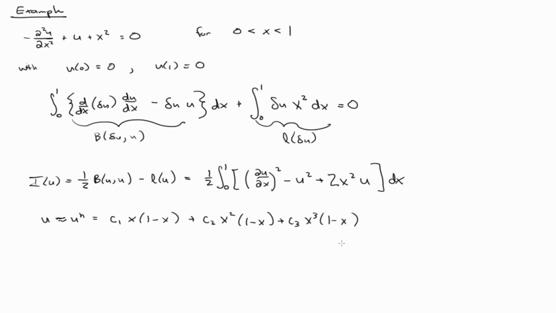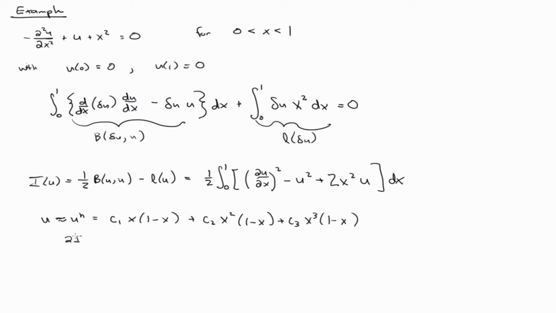Right? So this is (1 minus x) multiplied by x and multiplied by x again. So they are linearly independent, all right? So then I have the three unknowns. Once I substitute my approximating function into that, and integrate, then the only unknowns are the c's, and then I can just use the techniques from ordinary calculus.